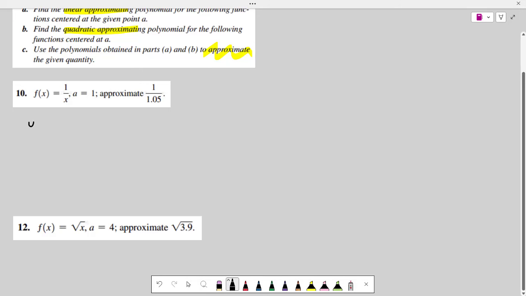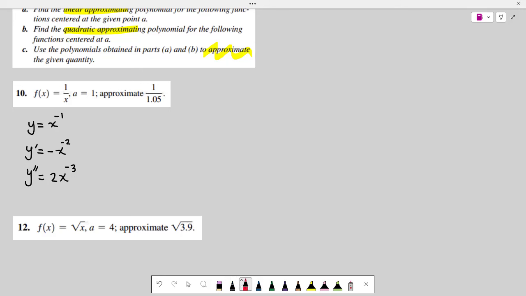And so I find it easier to switch from f to y. It's just easier to write a whole bunch of derivatives. And if we want to go down to the quadratic approximation, we need to go down to the second derivative. So I'm going to start with the function and go down to 2 derivatives. Okay.